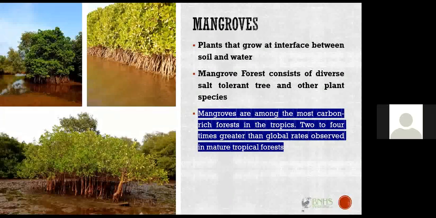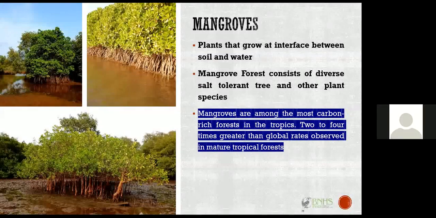So we'll start with the mangroves again. I've got to know that my voice was not clear. Mangroves are plants, or a special vegetative forest, which grows between the soil and the water, between the marine and the terrestrial environment. These mangrove forests consist of diverse salt-tolerant trees and other plant species.